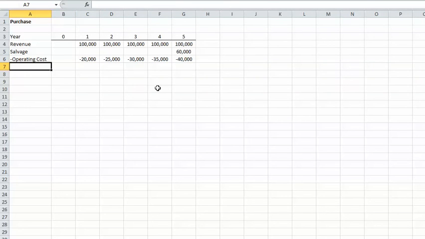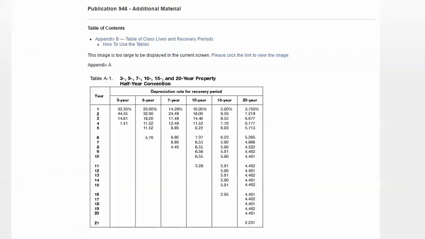And then we are going to have the depreciation. For the depreciation, I will go to table A1, MACRS half-year convention, on the IRS website. These are the rates for the 5-year half-year convention.